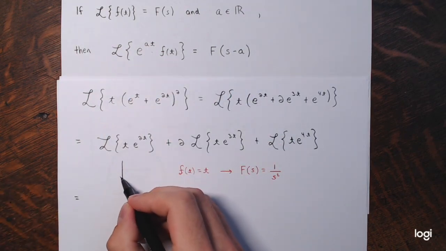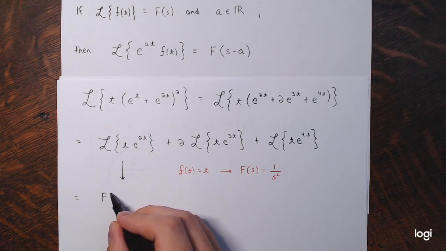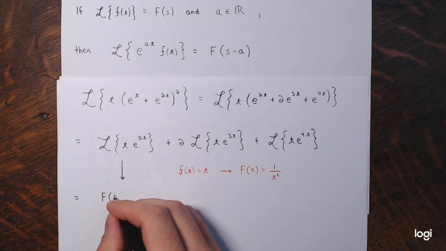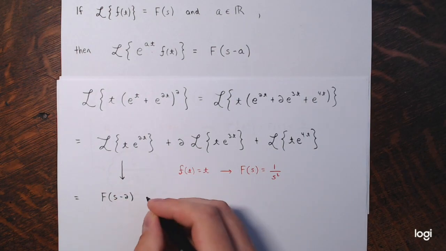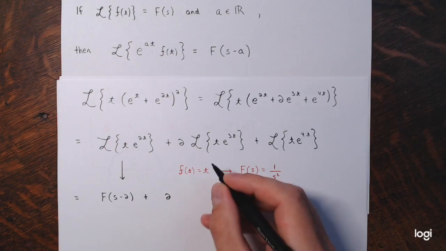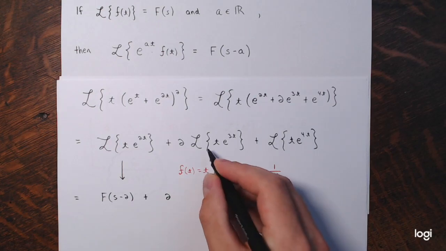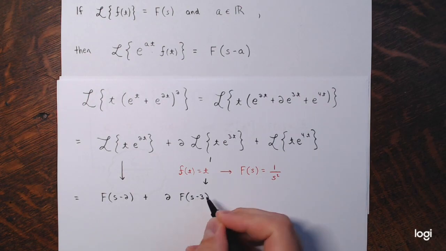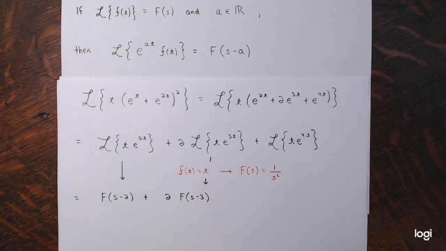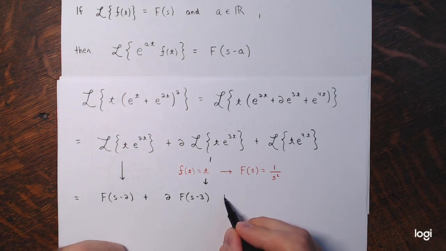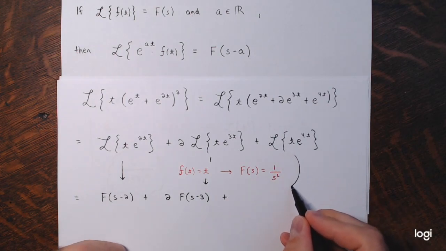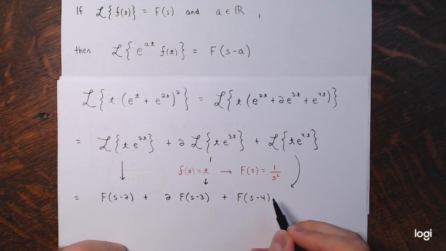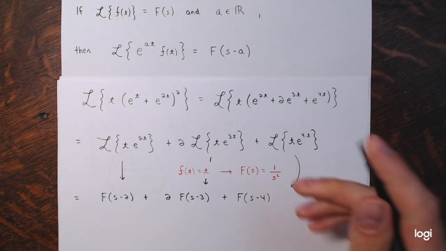So for this first one, it would be f at s minus 2. The value of a is 2 here, e to the 2t, plus 2 times, and then this would be f of s minus 3, because it's t times e to the 3t. And finally, plus, and then this last one, f of s minus 4, because it's t times e to the 4t.